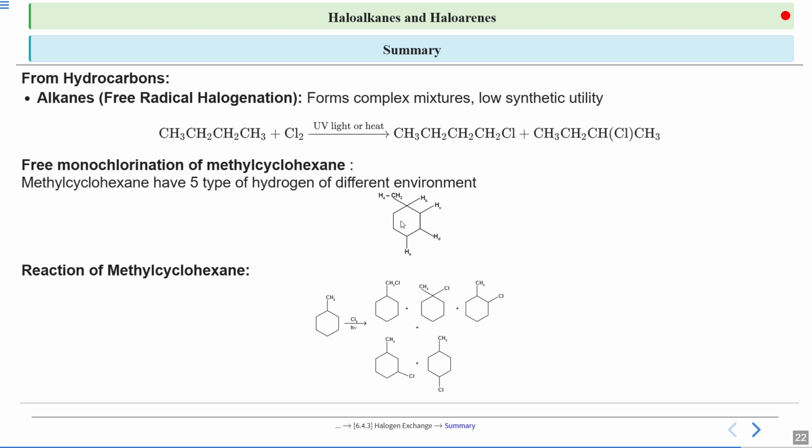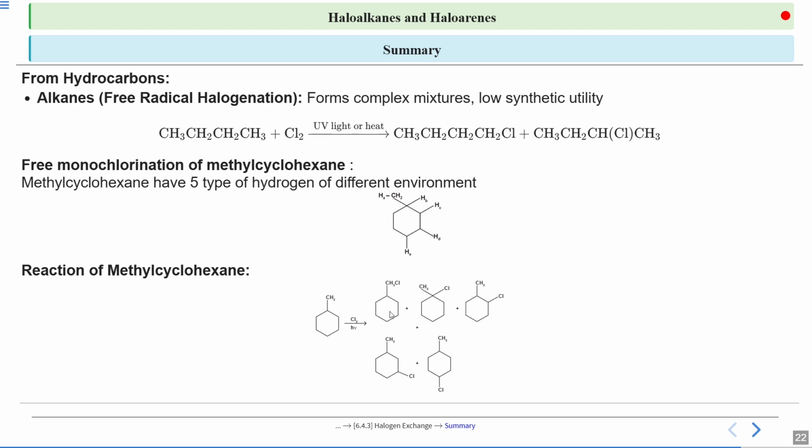So every one of the 5 types of hydrogen in methylcyclohexane can be replaced by chlorine, and you get 5 different isomers of the methylcyclohexane and chlorine reaction product.